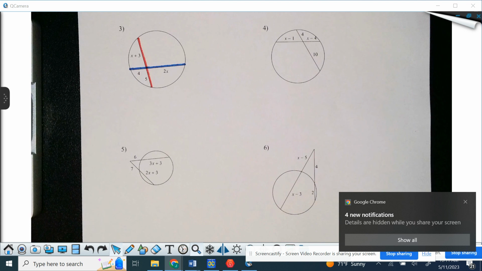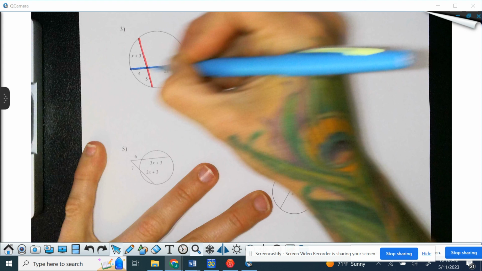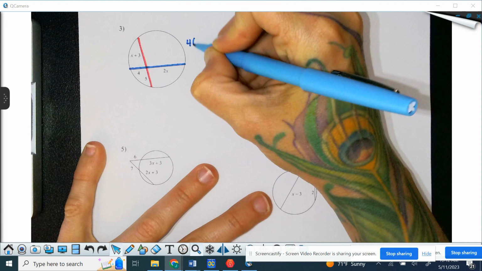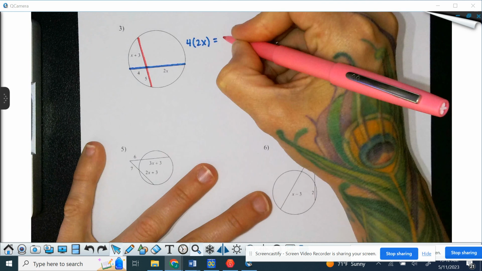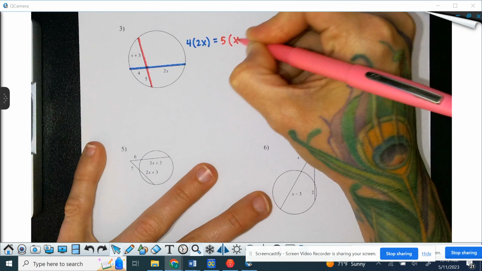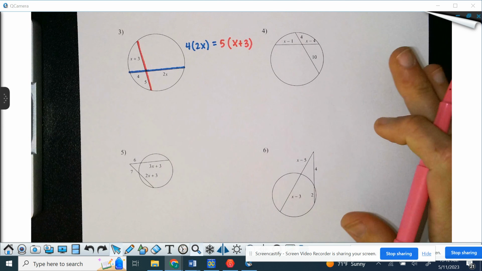When there are 2 chords in there, you're just going to take 4, multiply it by 2x, that line, and then we're going to take the 2 portions here, 5, and multiply it times x plus 3, then solve for x. So again, we're getting real close to time. I'm not going to solve it. Multiply, solve for x. We'll go back again. If you need help with solving, just holler.